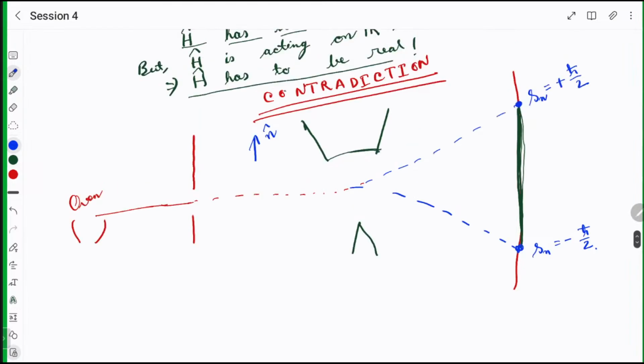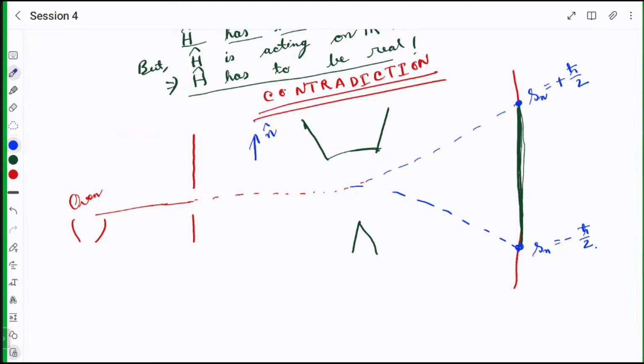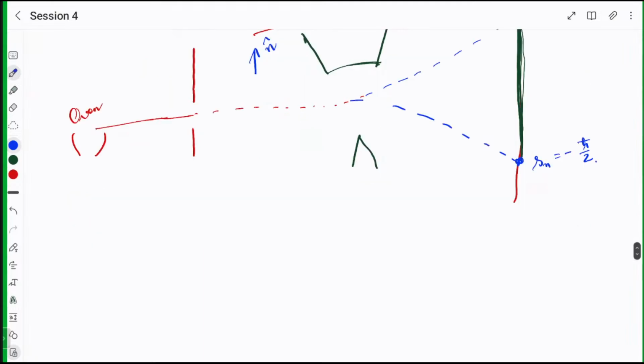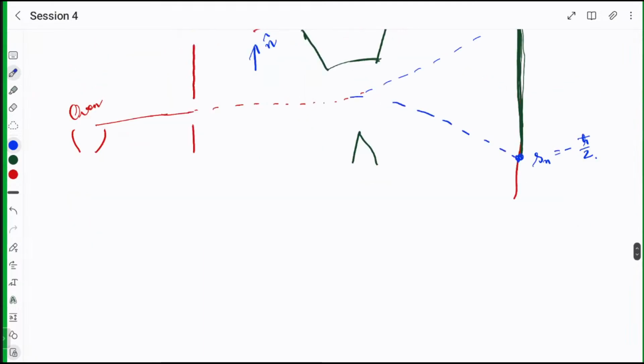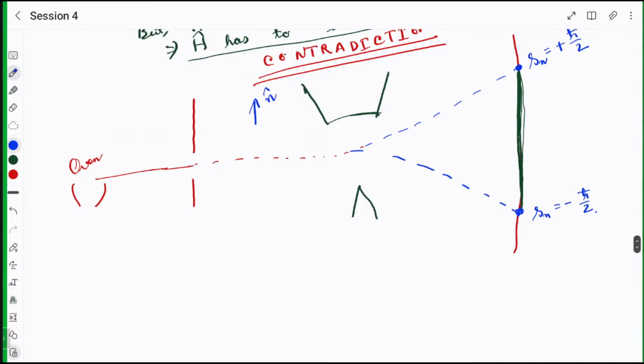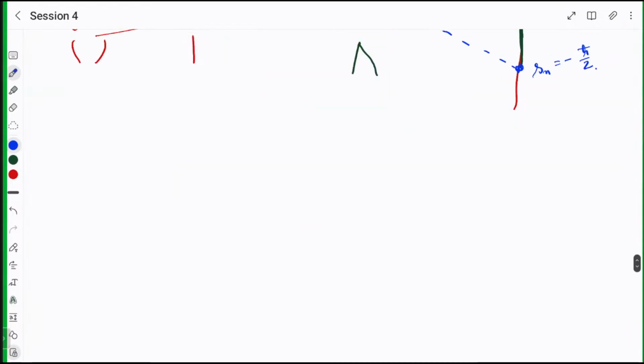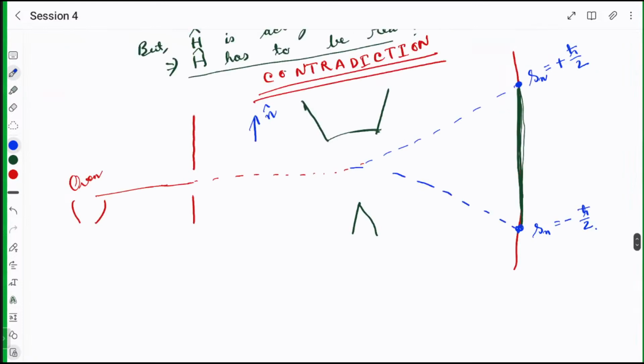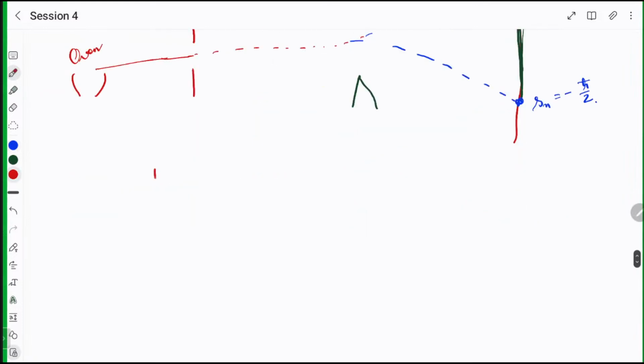Now that we know the postulates of quantum mechanics, which we didn't know at that time, let's try to explain this experiment again. As we generally do, we encapsulate the whole apparatus inside a box and consider it as a black box.